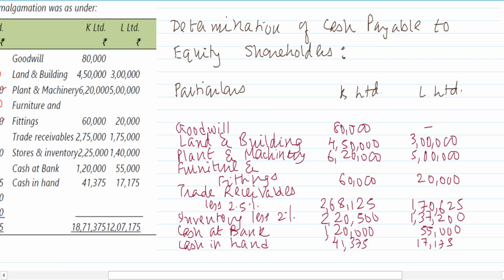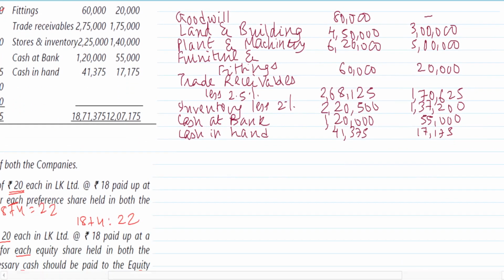So we have been able to prepare a list of the assets. Let's take a total. From this, we will deduct the liabilities.